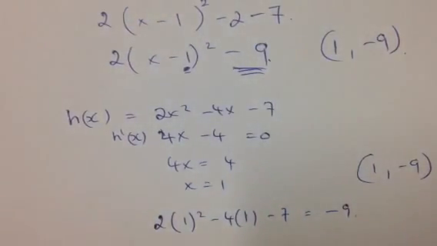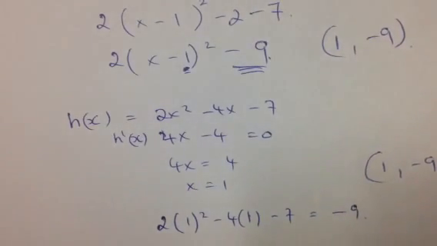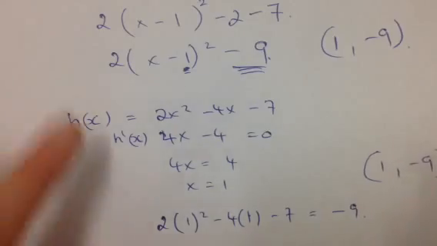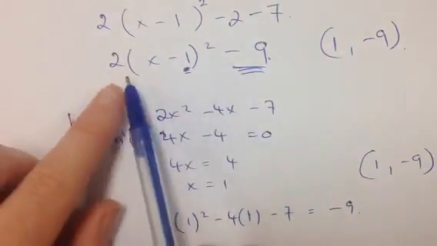And then 2 part C, they said the function k of x is the image of h of x under a translation. The coordinates of the turning point of k of x are minus 1, minus 5. Find k of x. Well, if it's the image of it under a translation, we're looking at the same idea here, that we know that this is linked.